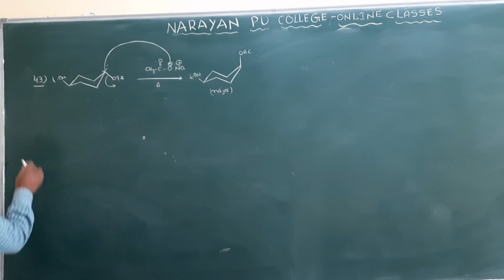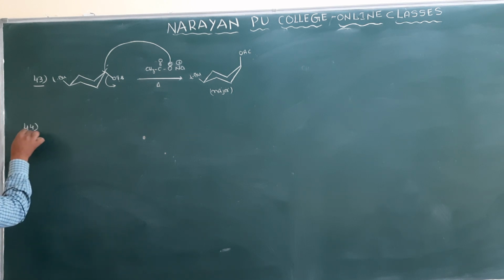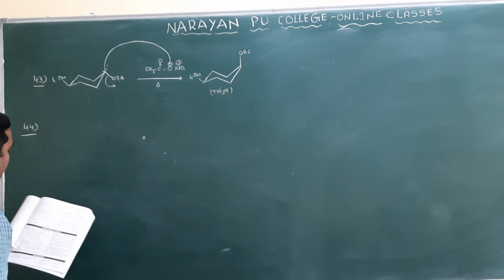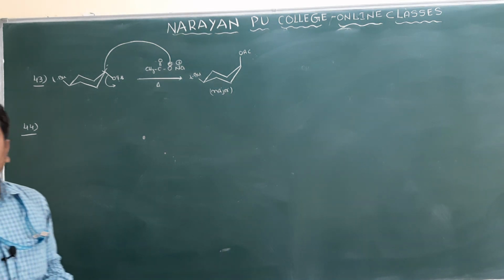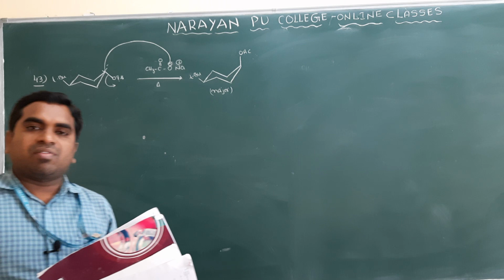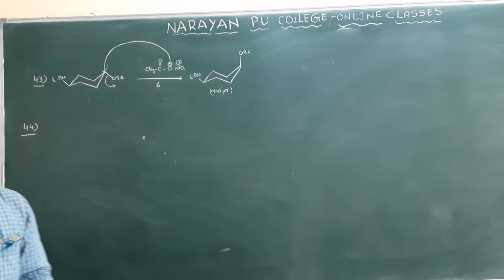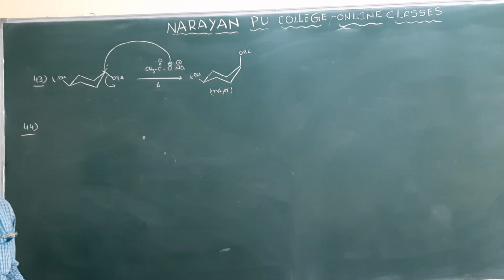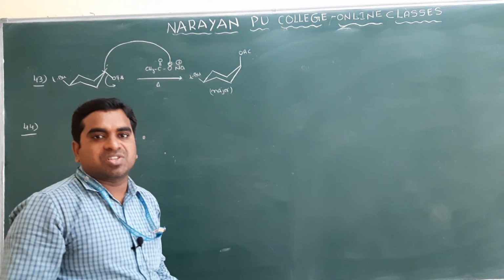Clear? Next one, coming to 44. Energy profile diagram here. We have already discussed the energy profile diagrams for SN1 and SN2 reactions, but here they have given one for an elimination reaction.